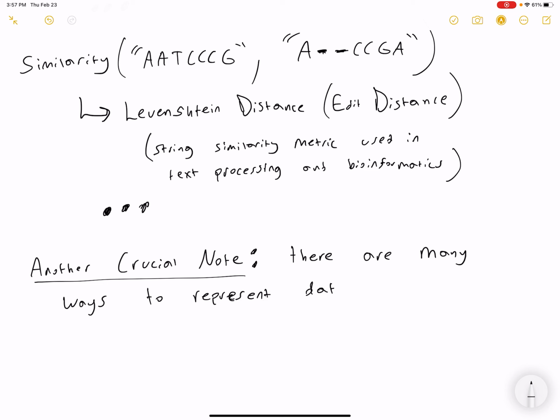And you can imagine that the way you represent data, and the similarity metric you use, will affect how these algorithms work. You can have the same algorithm, but whether it works well or doesn't work well is based on how you represent your data and the similarity metric you use.